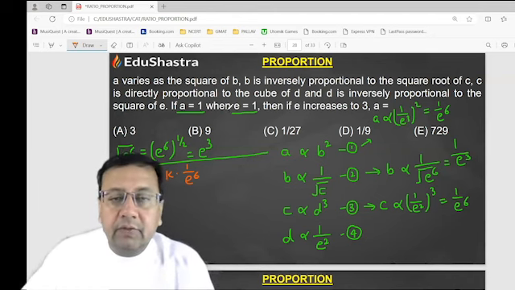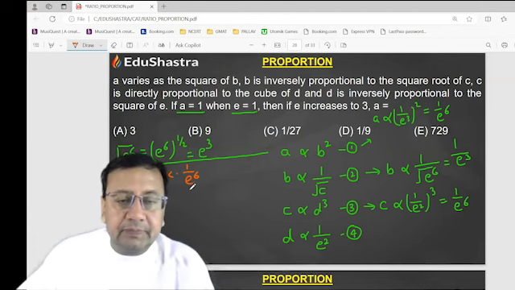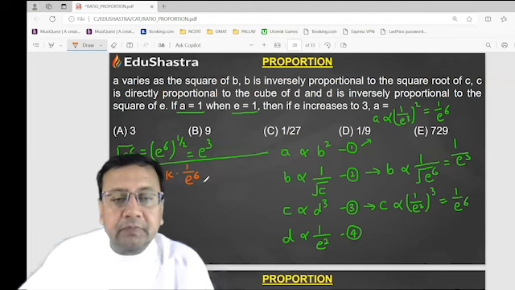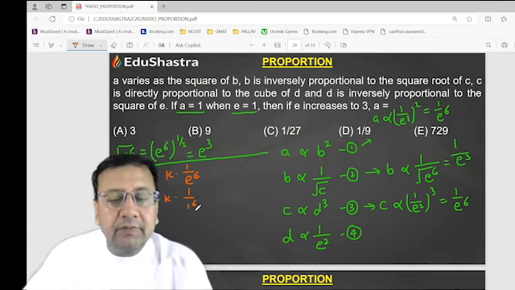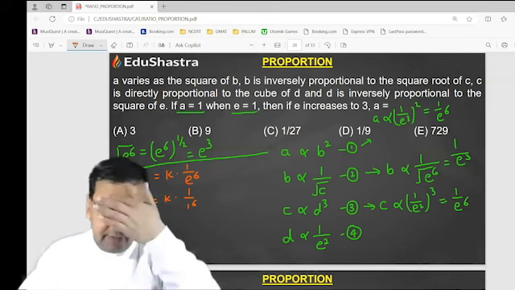Now A is equal to 1, E is equal to 1. Done. So putting up the value, 1 is equal to K into 1 upon 1 raised by 6. So from here, I can have the value of K. So how much is K?